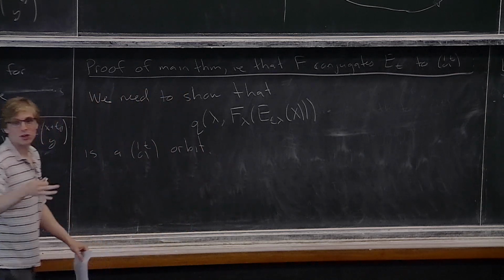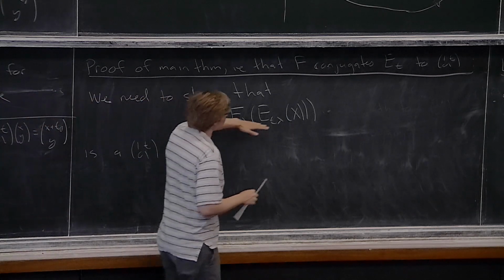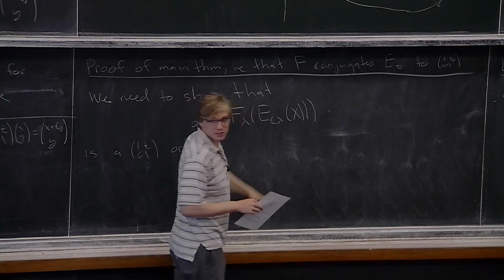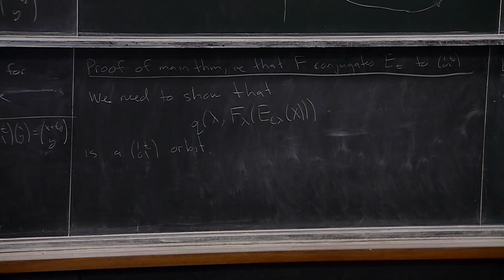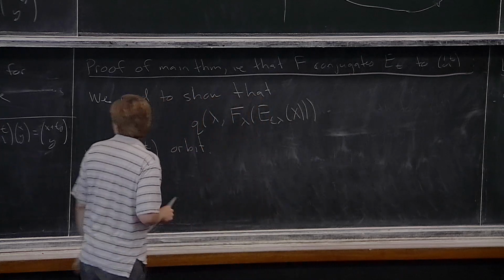People want me to say it in a parametrized way, so that if this is 1t of what you get at time 0. Okay, so this is exactly what we need to show. We need to show that this is a parameterized horocycle flow path.